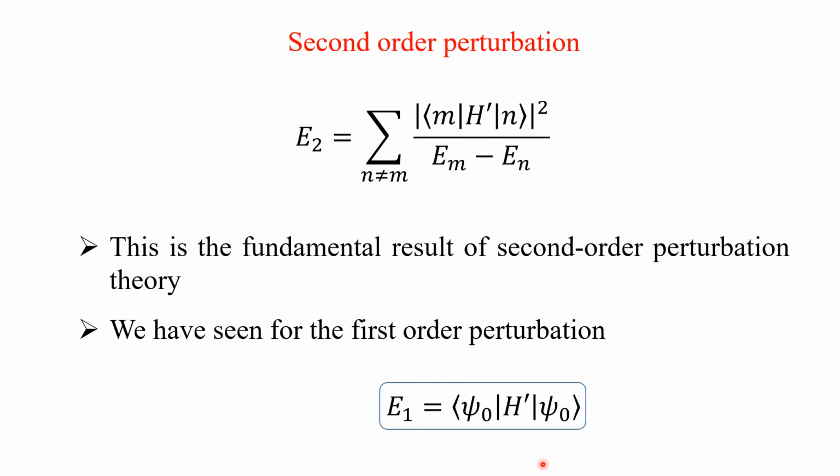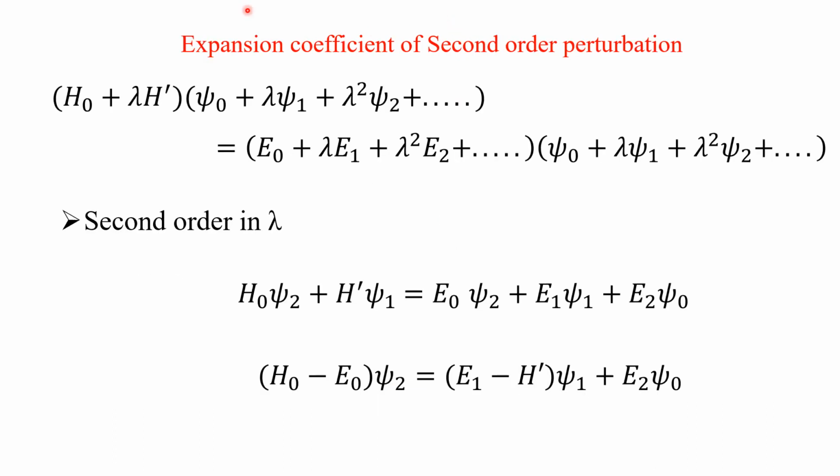And further, our ultimate aim is to find the expansion coefficient. The reason being, only if you know the expansion coefficient can you calculate the probability. As I said, now our aim is to find the expansion coefficient of second order perturbation.